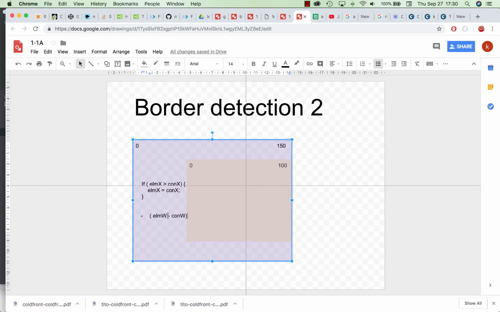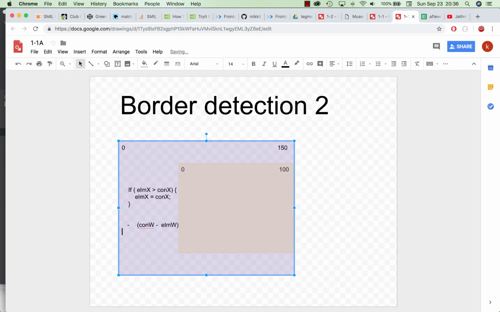That will make -50 and will fit any element width on this position. Could also be even simpler. It could be 100 minus 150. So the container's width minus the element's own width. Container's width minus element width.